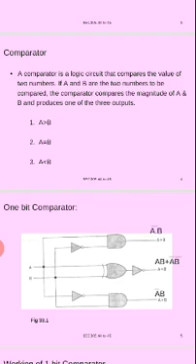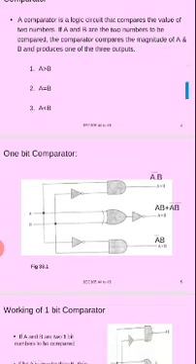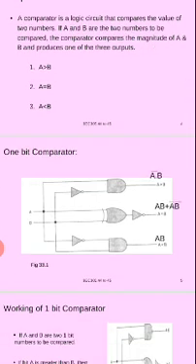One bit comparator. This one bit comparator has two AND gates, three NOT gates, and one exclusive OR gate.